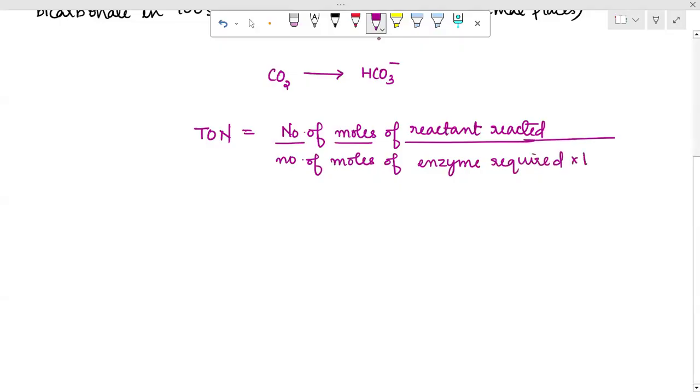This into time comes in the denominator. This is the turnover number.